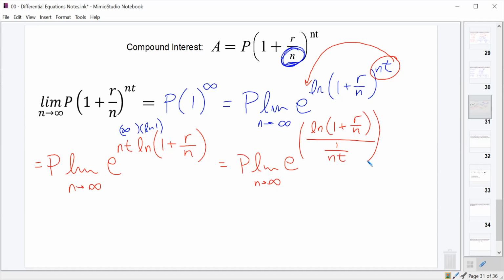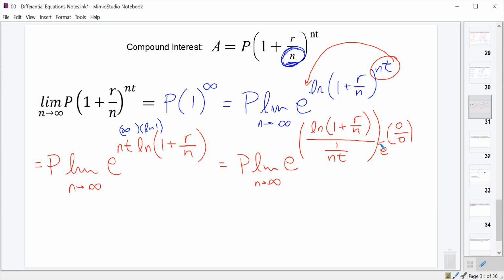And now for the thing inside the exponent, the numerator is equal to 0 because it's natural log of 1, and the denominator is now 1 over infinity, which is also 0. And so the piece that's in the exponent is eligible for us to use L'Hopital's rule on it, right? We end up with e to the 0 over 0.